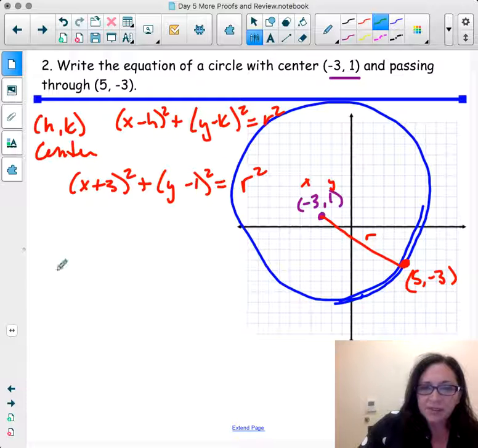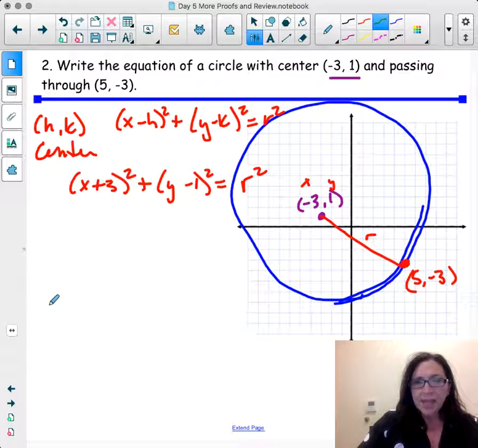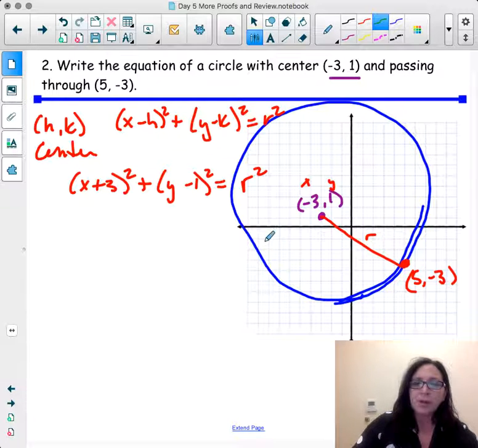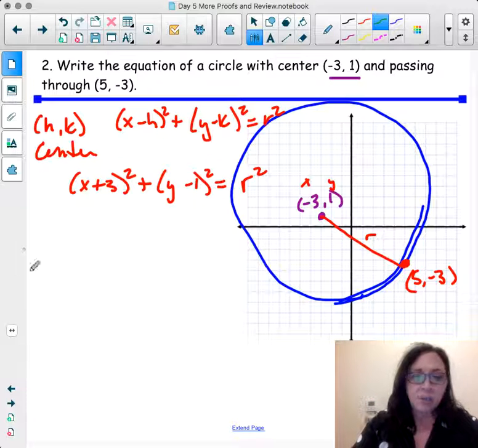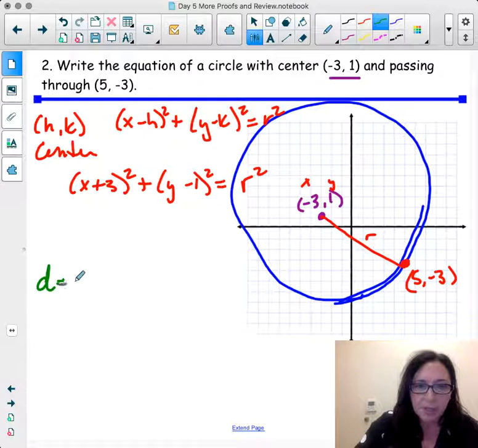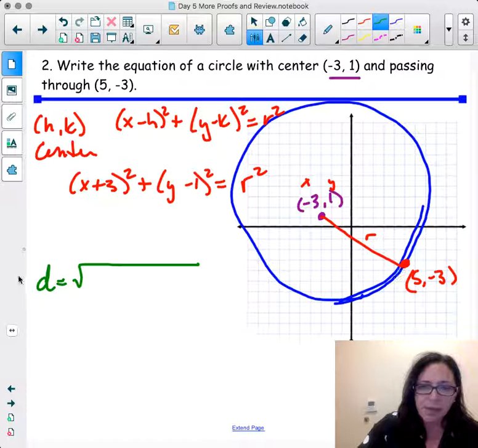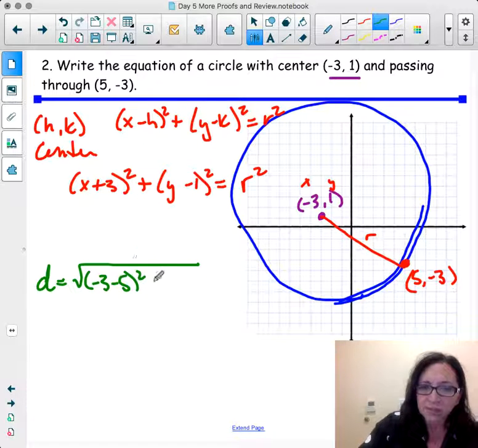So in order to find the distance between those 2 points, of course, you can use the Pythagorean theorem, but I'm actually going to just use the distance formula, which says subtract my x's. So I'm going to go -3 minus 5. Be consistent when you subtract the other. So you're going to go 1 minus -3, so plus 1 minus -3 quantity squared.